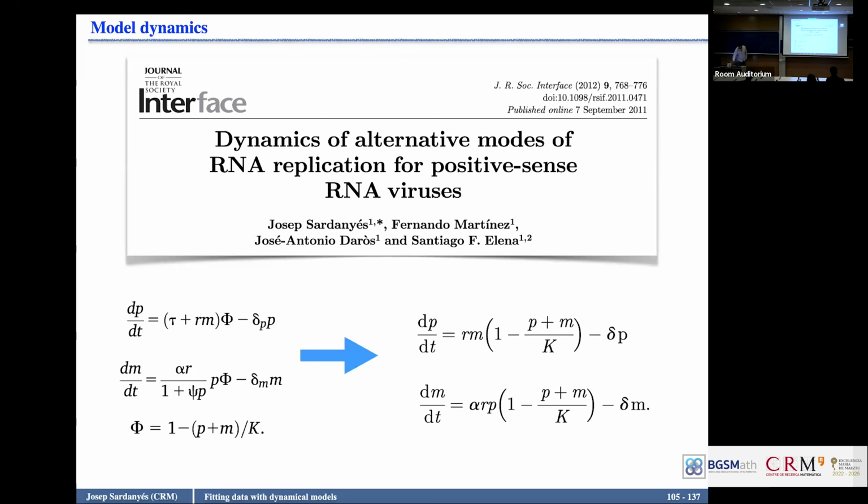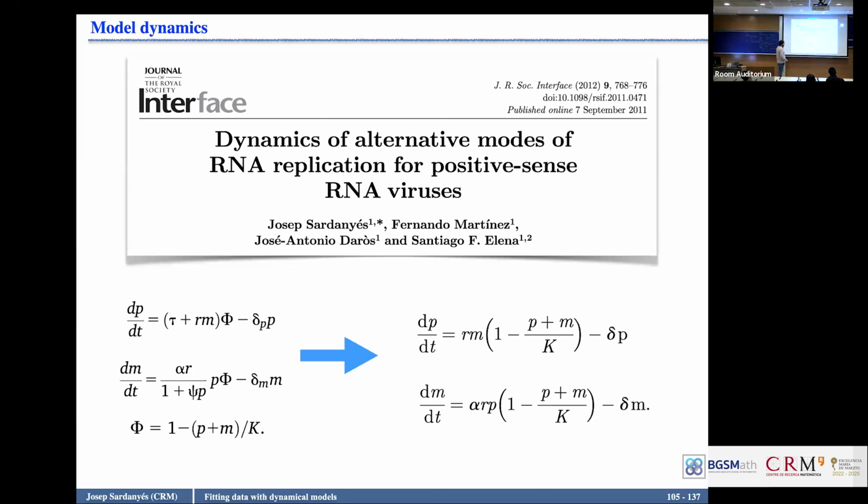So what we did is study the system as, let's say, a logistic equation, but of course the difference here is that we have complementary replication. It's not producing P; this would be a logistic equation. M is producing P, and the other way around.